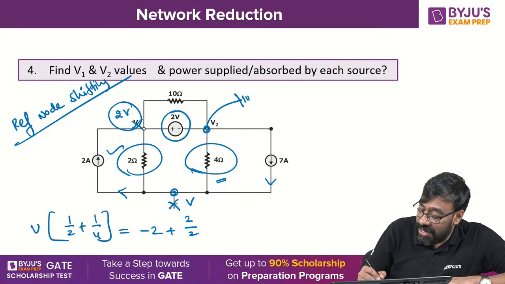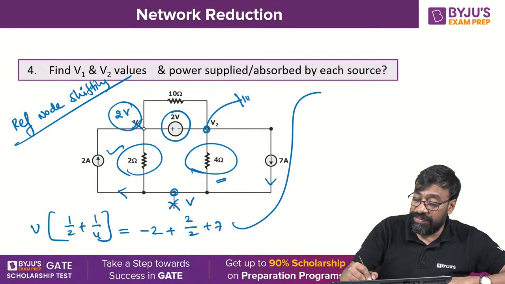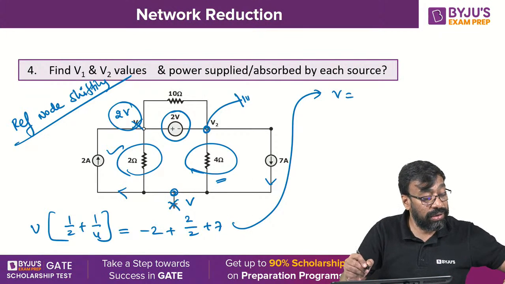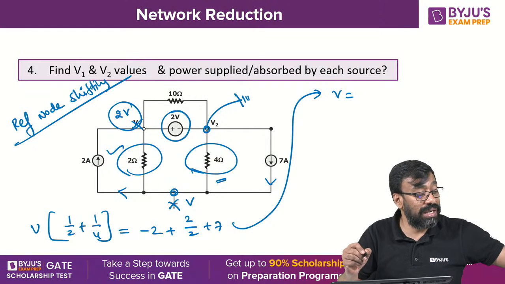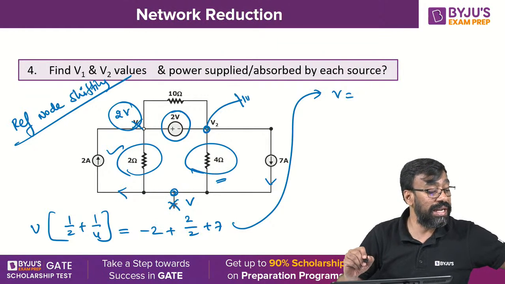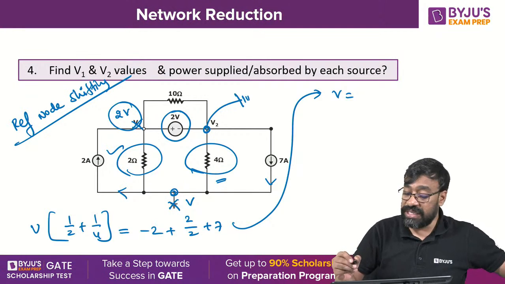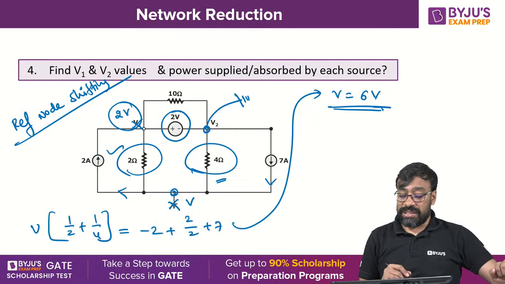But this is entering current, so plus 7. So finally, you will be getting the V value. I would like to give you the answer. Please verify the answer also. If you get any wrong answer, please post in my Telegram group. I told you already, Professor Muneender Gate. So I'll give you the answer here. That V value is 6 volts. You will get 6 volts. V value is 6 volts.